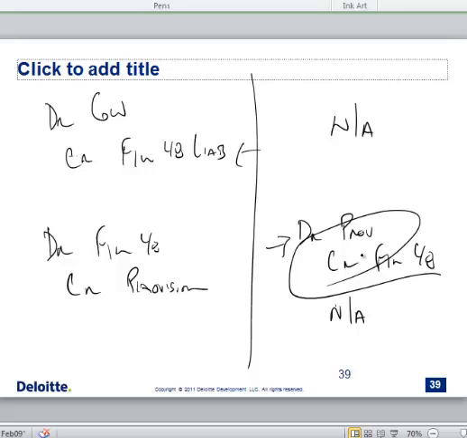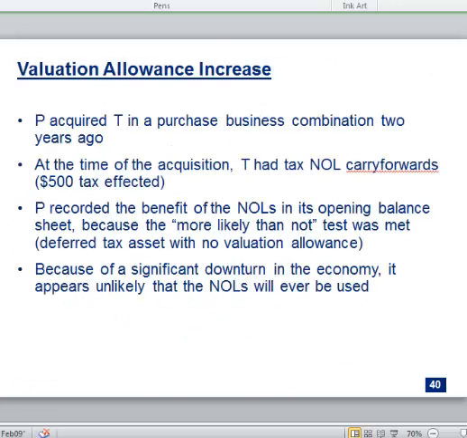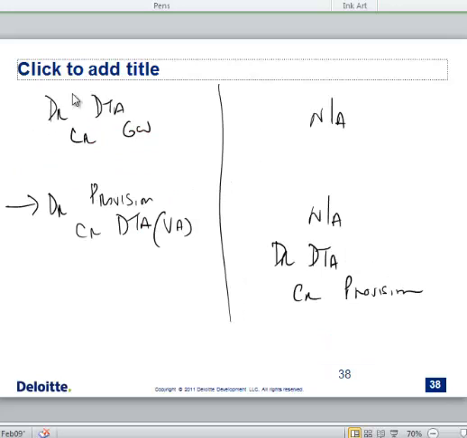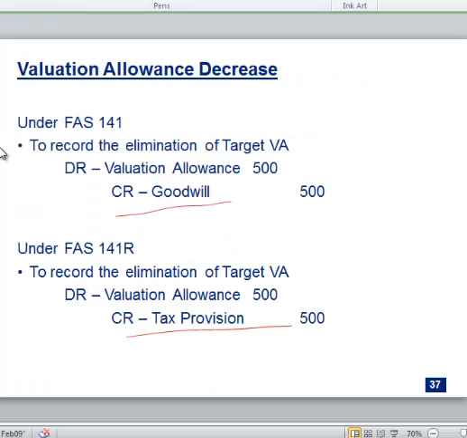And so you err on the side of being very conservative in purchase accounting now, because setting up FIN 48 liabilities here sets you up for a good outcome later. And not booking a DTA here helps you avoid booking a charge.